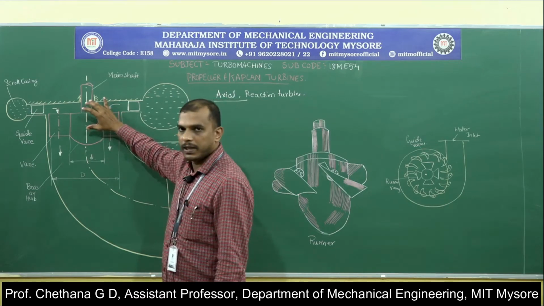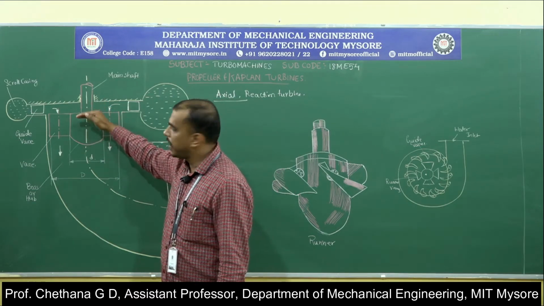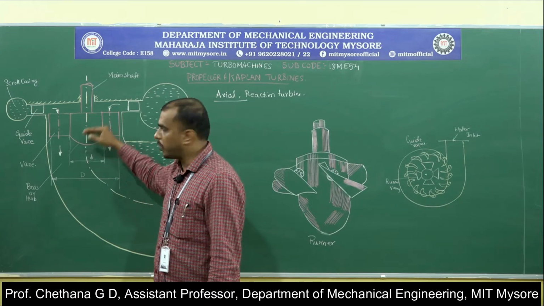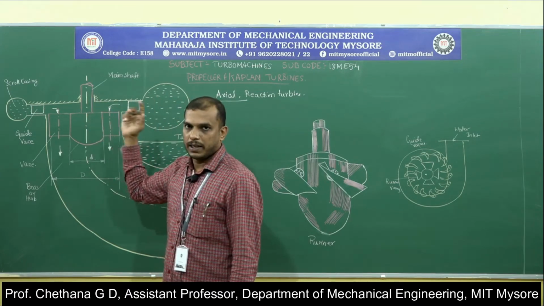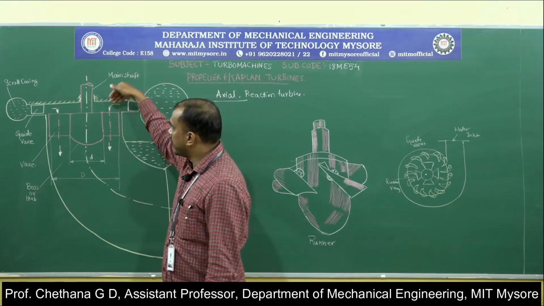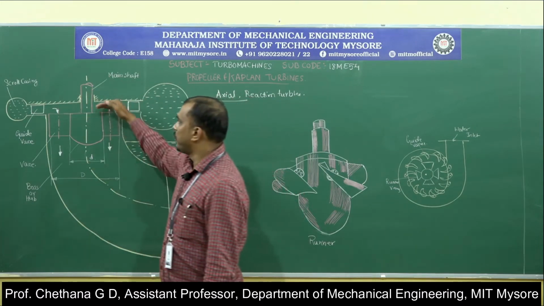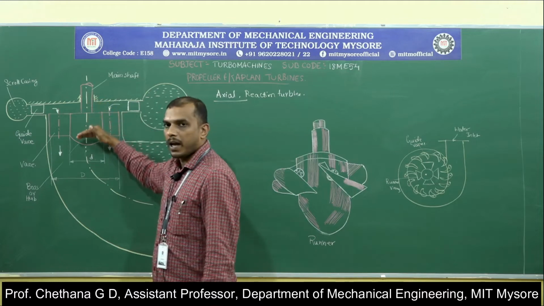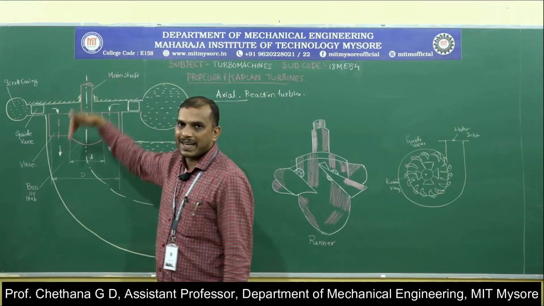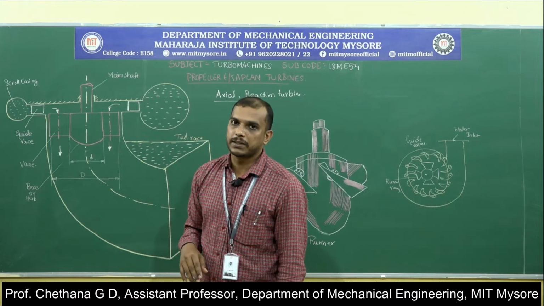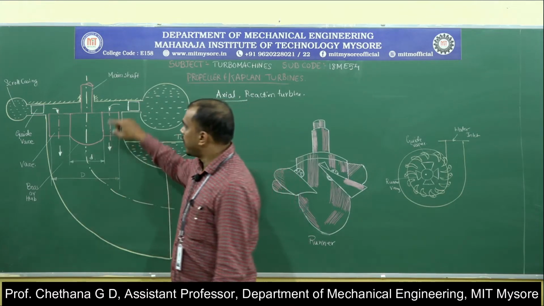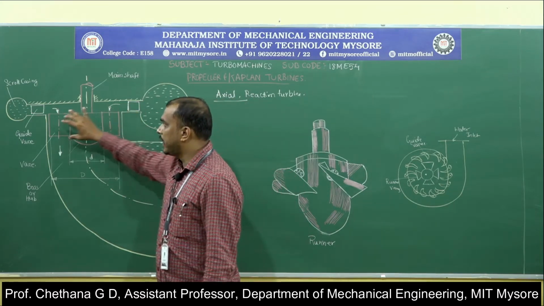We have shifted the runner a bit below, so that after entering, the flow is in axial direction. That means we have shifted this runner a bit below so that water enters the turbine in the axial direction, okay. Now water enters here, these are the vanes.